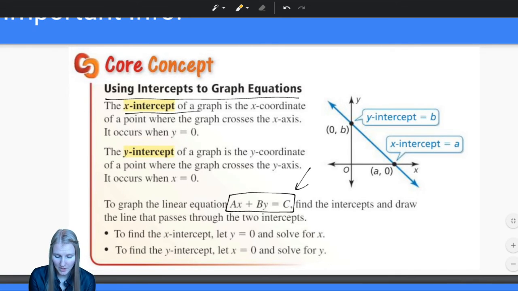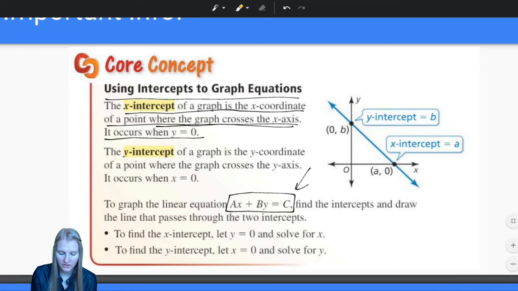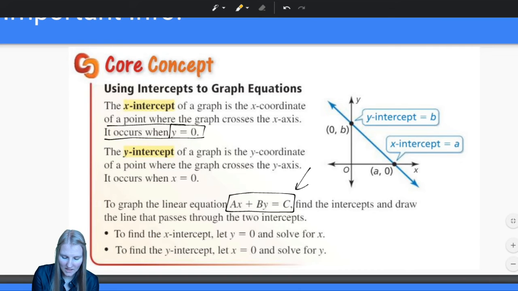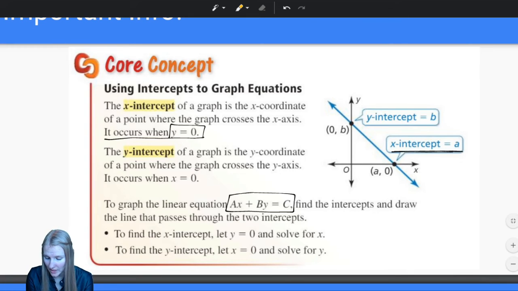The x-intercept of a graph is the x-coordinate of a point where the graph crosses the x-axis. We talked about that. It occurs when y is equal to 0. Why? Well, if we look at the x-intercept, notice it's along the x-axis. What does y equal when we are on the x-axis?